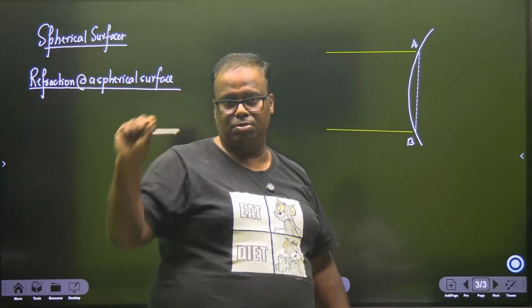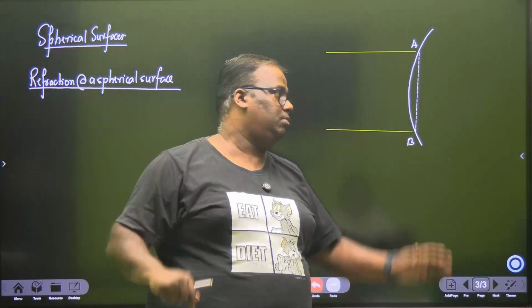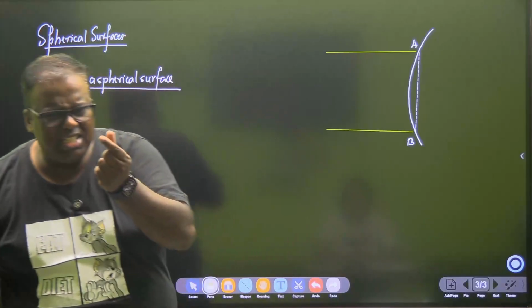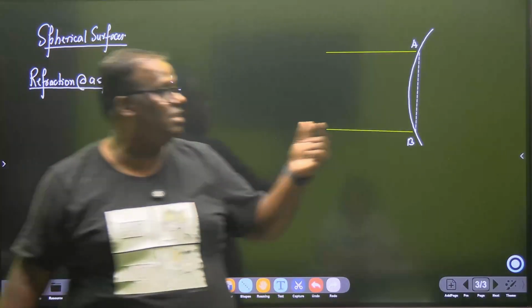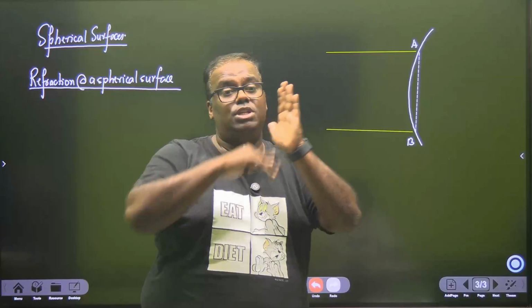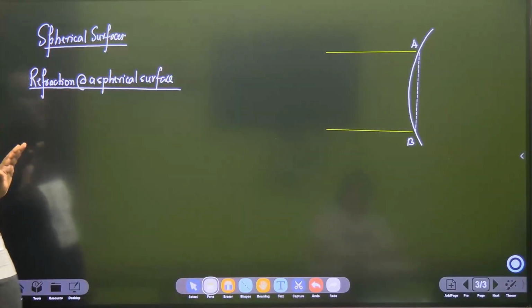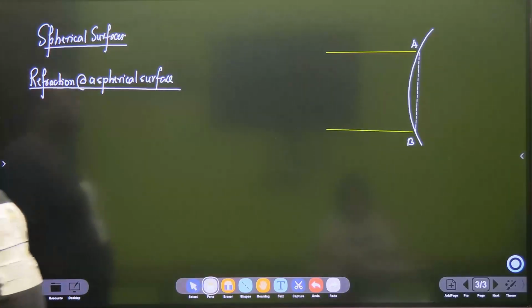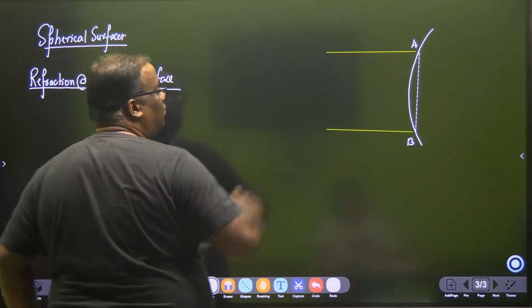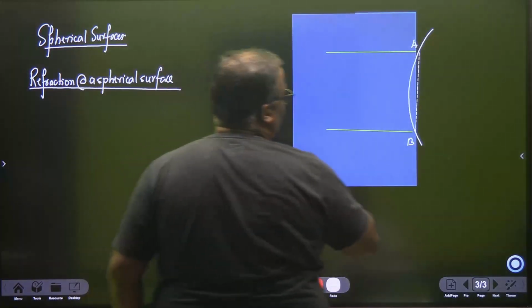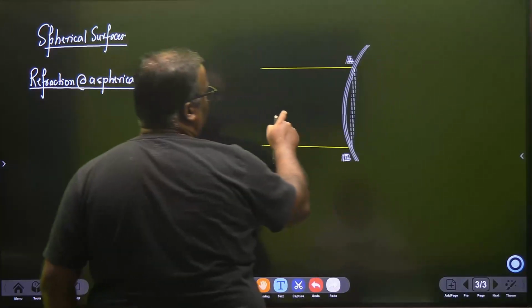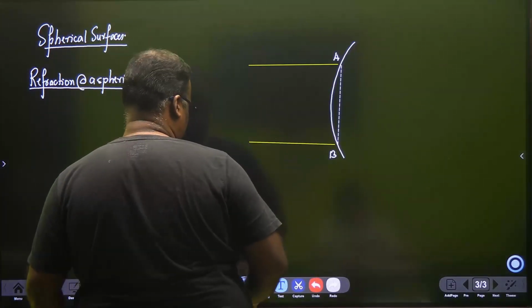The inner surface can be curved or the outer surface can be curved, and their thickness is very, very thin. In a lens, the thickness is very thin, but it will be a combination of two spherical surfaces. Right now, what we are going to study is refraction through one spherical surface. Are we fine? So we'll use this diagram itself.